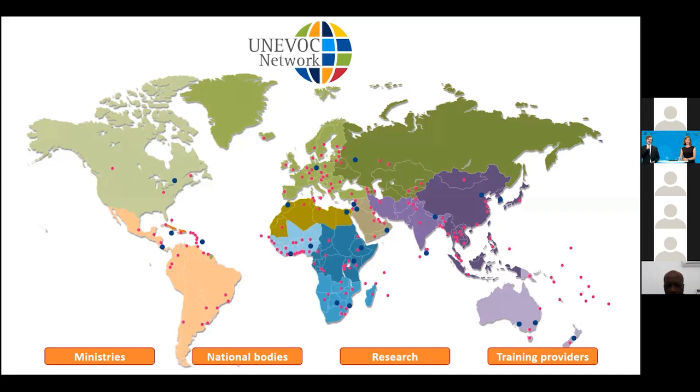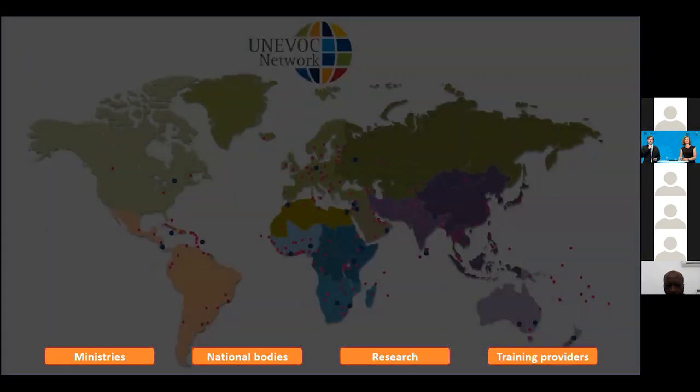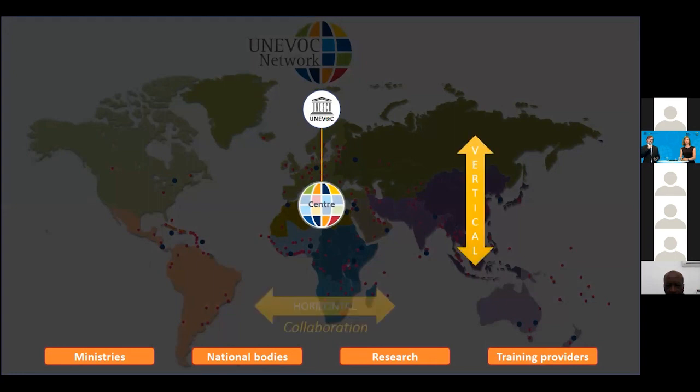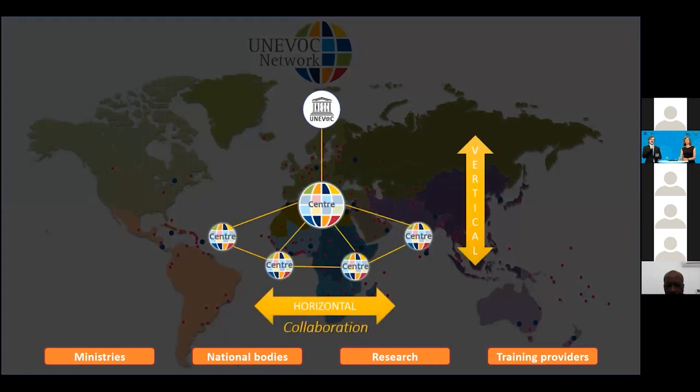Currently, there are 250 centers in 160 UNESCO member states. At its core, though, the Univoc Network is a platform for exchange, cooperation, and mutual assistance. Vertical dialogue and exchange occurs between the members and the Univoc HQ in Bonn, but the real value is as a network and a platform for horizontal exchange and collaboration between the members themselves.